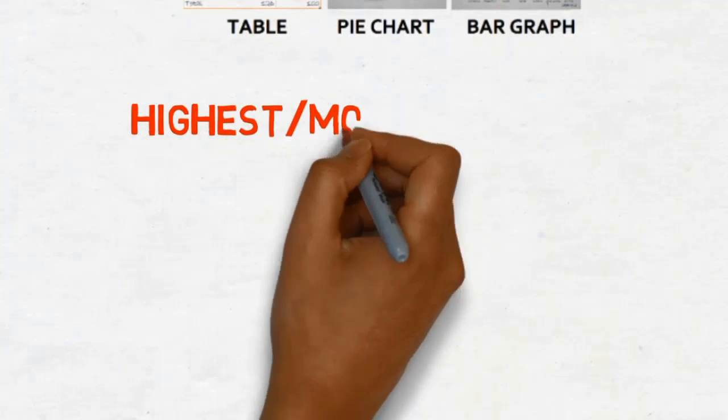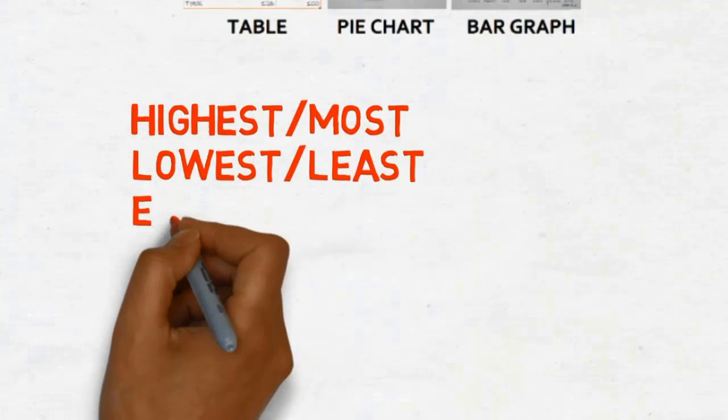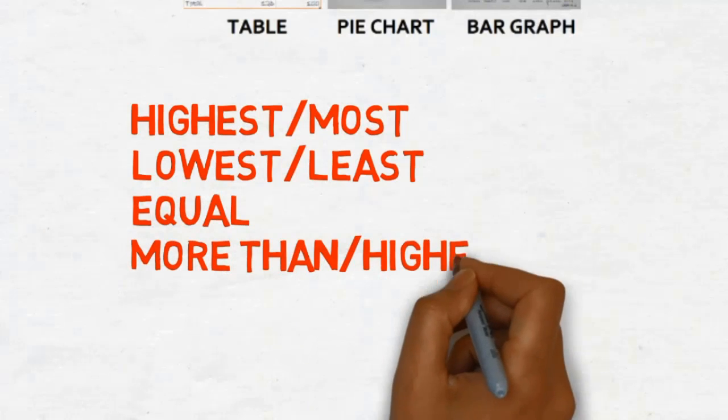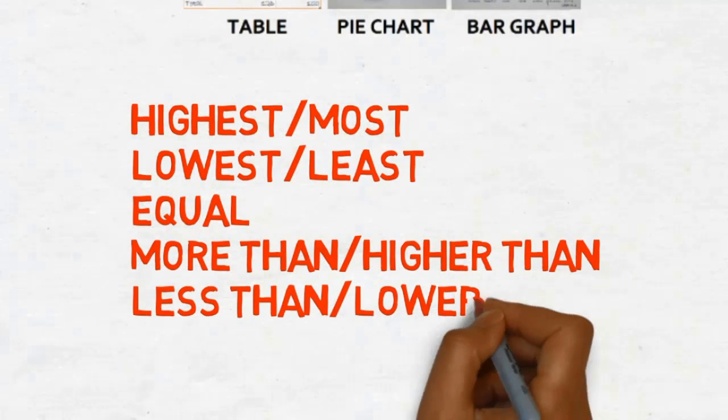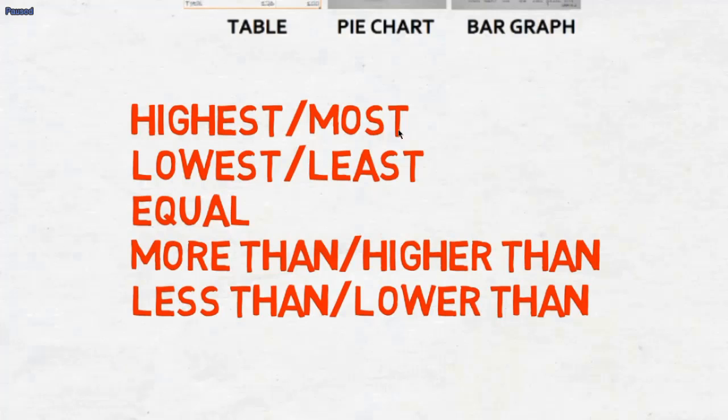Right, let us see what are the words that will be given to you. Several words will be given to you, but don't worry, my dear children, you can memorize one set of words. You can use the highest, the lowest, or you can say the most, the least. You don't say the equal, remember that. I said the equal to remind you of the mistake that you did, right?